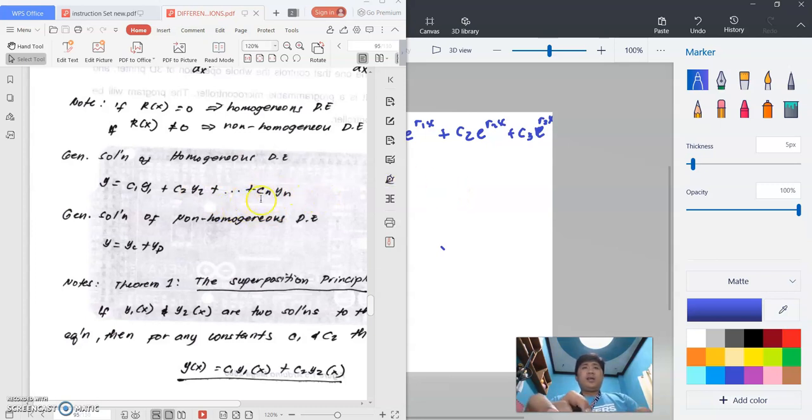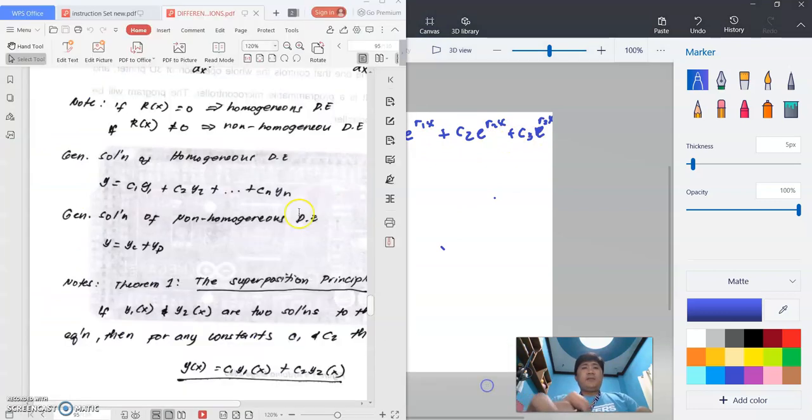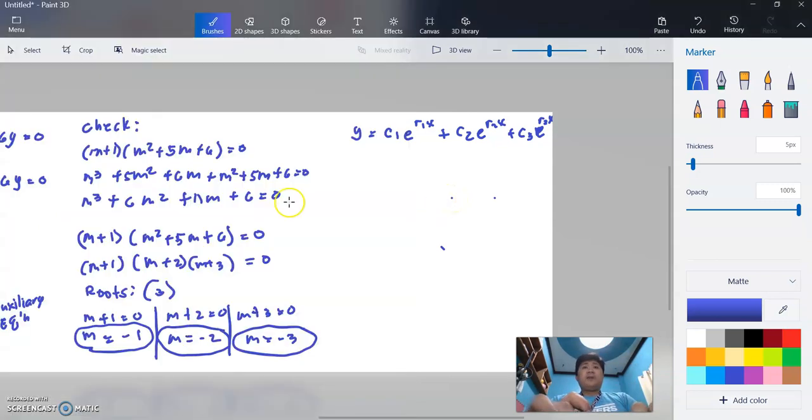So, pila ka roots iya? N. So, here, you have 3 roots. So, matong katulo ang C sub 1. Ani kay N, pasabot, depende. Pwede mag 100, 1,000, 1 million, pwede, and so on. Depende kung pila ang roots niya. So, in this example, there are 3 roots lang.